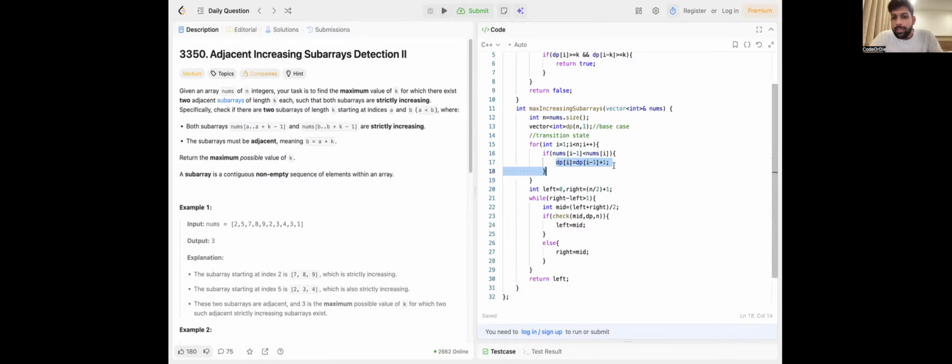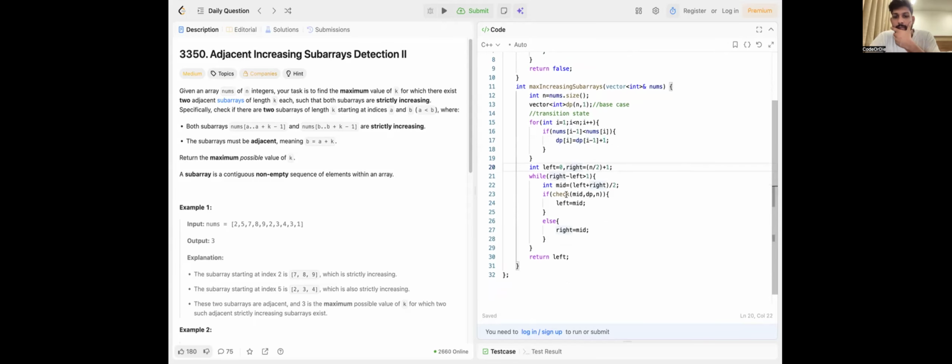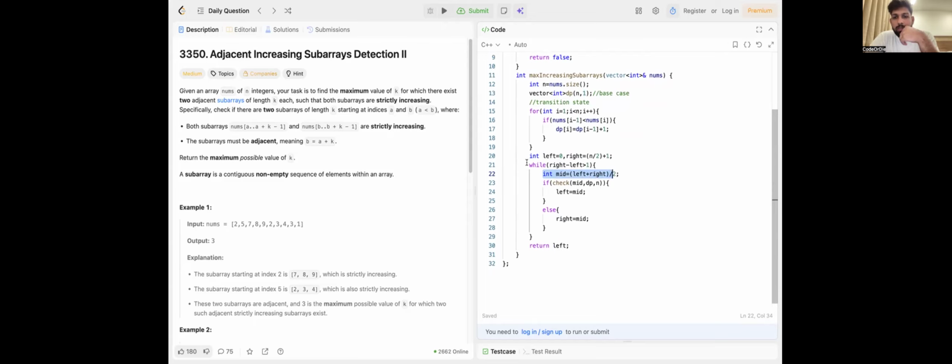So you calculate dp like this: dp of I is equal to dp of I minus 1, the maximum length up till I minus 1. And if nums of I is greater than nums of I minus 1, then for dp of I you just add 1. And then this is my binary search.